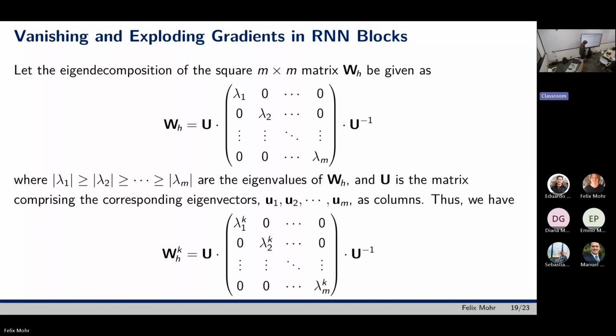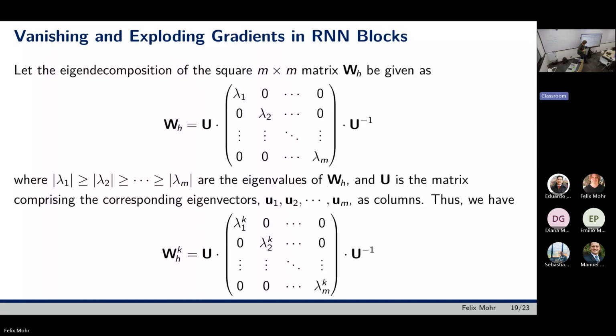Now suppose that all of these values are smaller than 1, let's say between 0 and 1. What happens if you multiply a number between 0 and 1 with itself? It gets smaller every time and converges to 0. For your backpropagation, you need the net gradient, and the net gradient at the beginning of your recurrent cell is the net gradient from the end of your cell multiplied with this matrix.